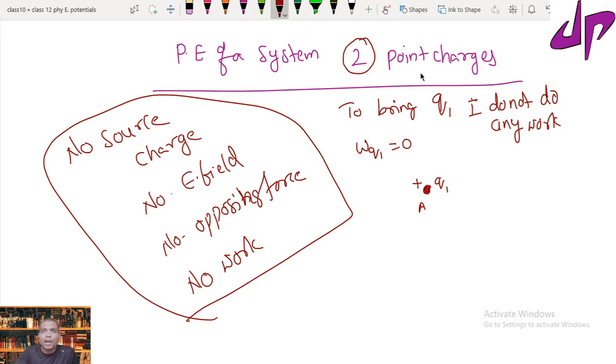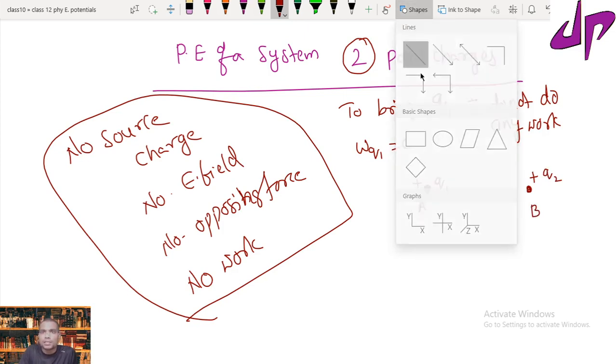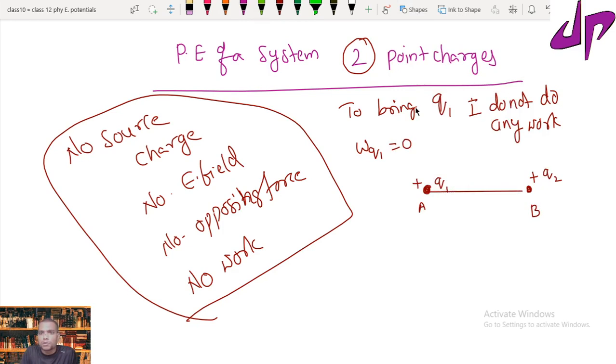Now I need to bring another charge, plus q2, at a point B, at a distance between them. I would like to call this distance the position vector R12.